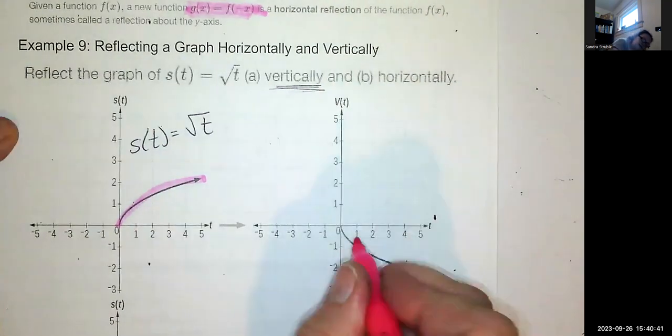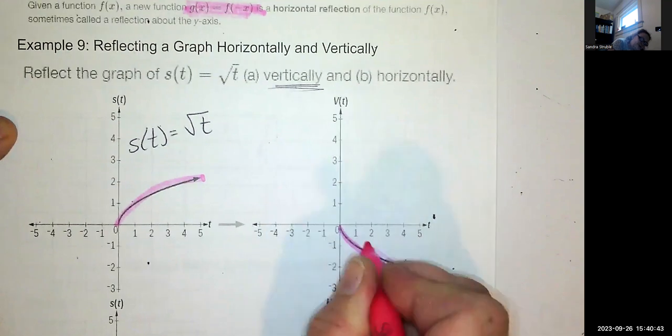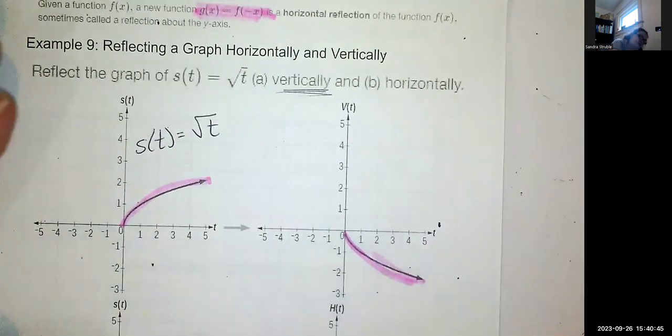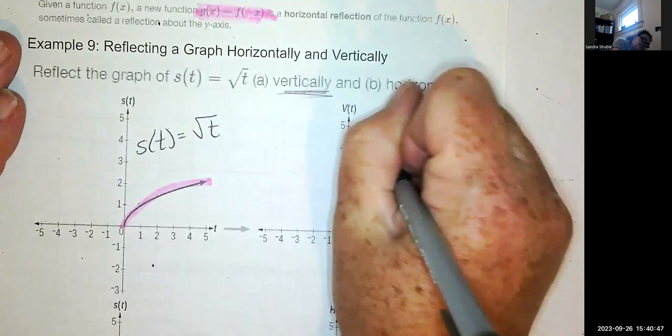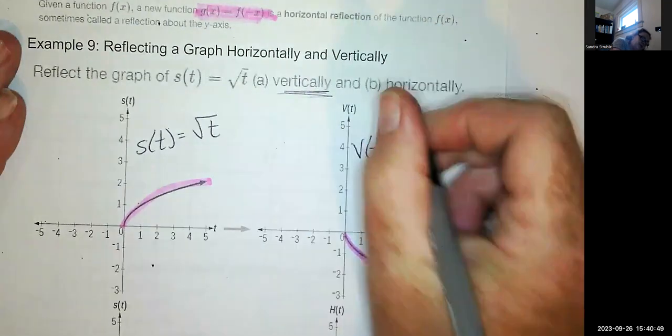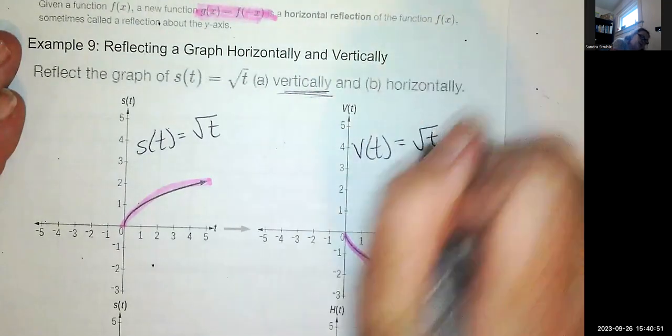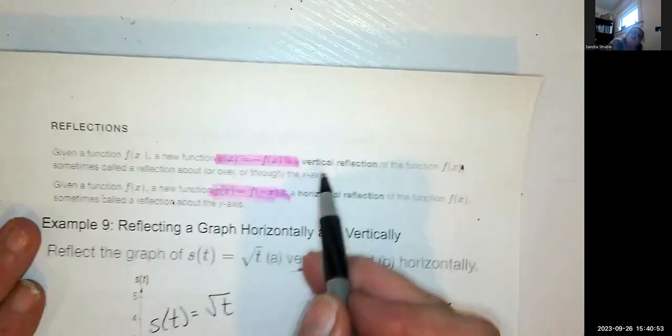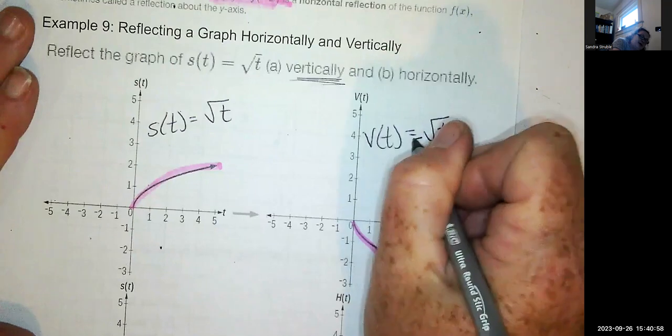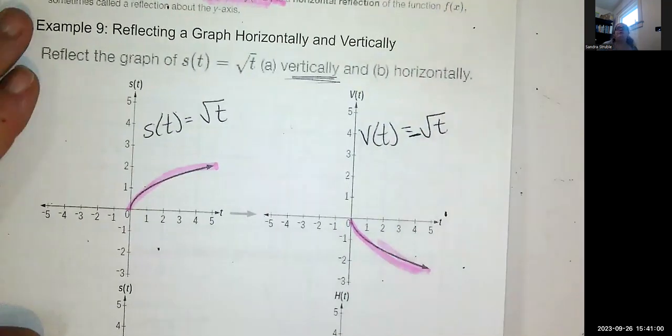And this is going to be v of t. This is the vertical one. So v of t is going to equal square root of t. But what has to happen? For a vertical reflection, it has to be negative. So it has to be negative square root of t.